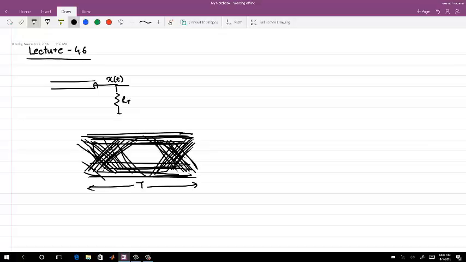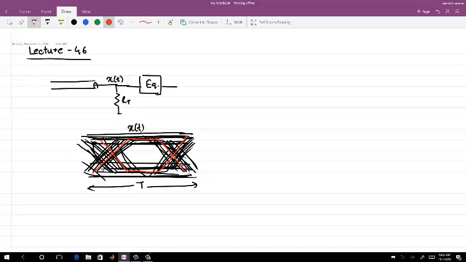So this is what your x of t is on the receiver side. And at the output you do an equalization here, and at the output what you want ideally is, I will plot the ideal one. This is what you want.